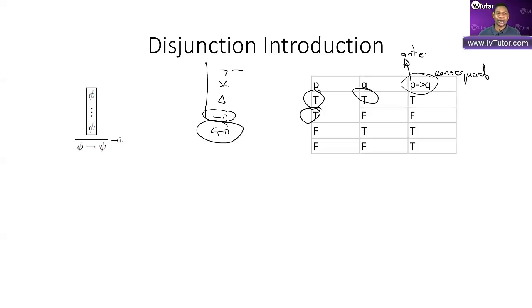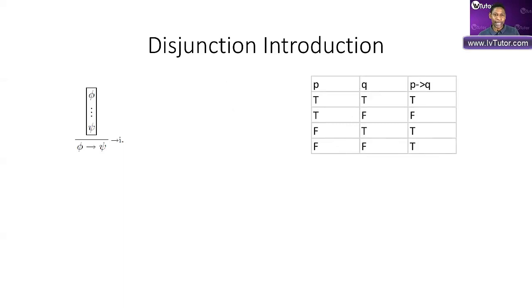If the antecedent is true and the consequent is false, then we are going to have a false implication. If the antecedent is false, no matter what the consequent is, the implication is going to be true, right? So what we're going to do is revisit it like we've done the others.